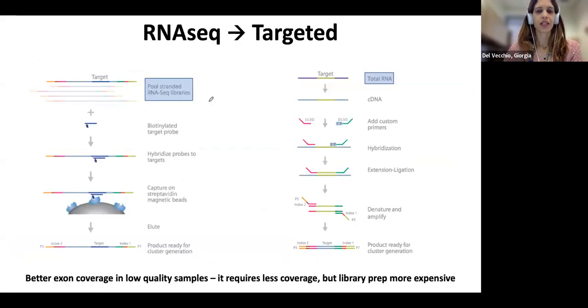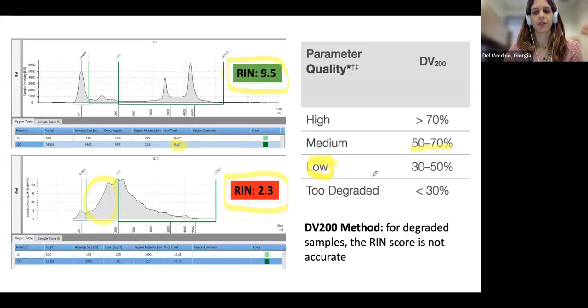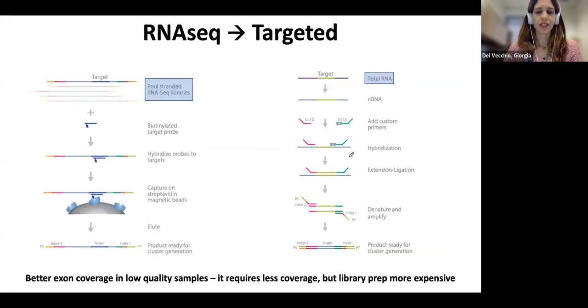So when you are dealing with a low quality RNA sample, low to medium, let's say, you have another option to try to get the most you can. If you know the information you are looking for, you can use a targeted approach.